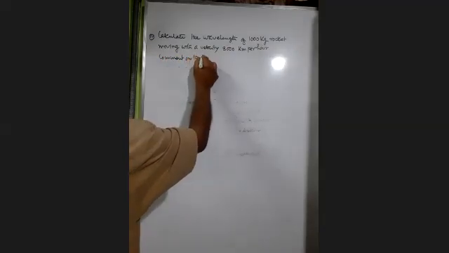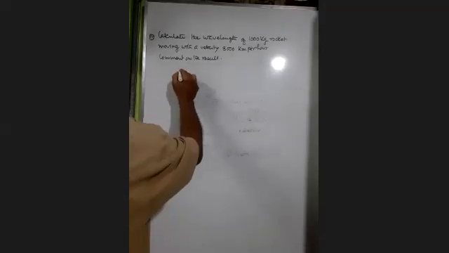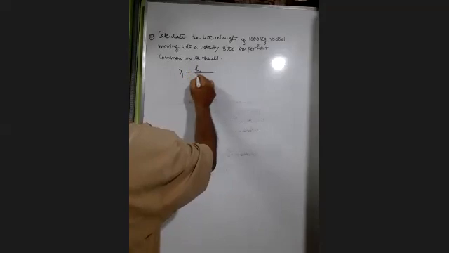Comment on the result. See, velocity you have to convert into meter per second. So you know lambda is equal to h by mv. Mass is no problem, you can take it in kg. Convert 3000 km per hour into meter per second. Do it separately. Then put the figure here and you will get the result. After that, I'll tell you what the comment is.